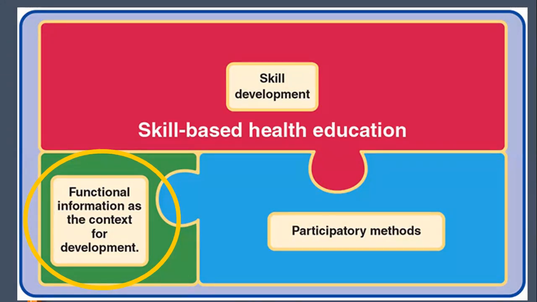So for example, the skill of communication and the sub-skill of refusal skills could be used for lots of different topic areas. However, if I want students to develop refusal skills around vaping, or I want them to develop refusal skills around sexual health behaviors, I need to teach them some information that is going to help them to be able to come up with reasoned arguments.